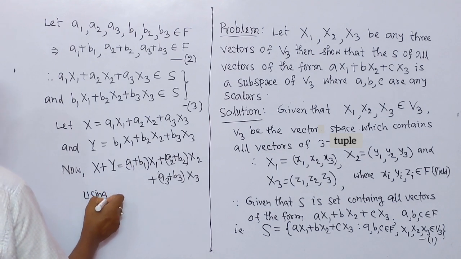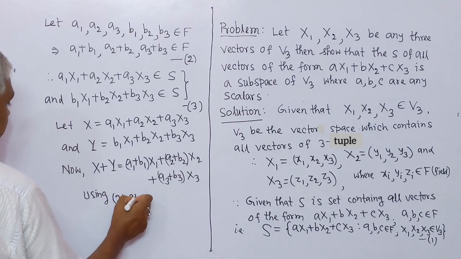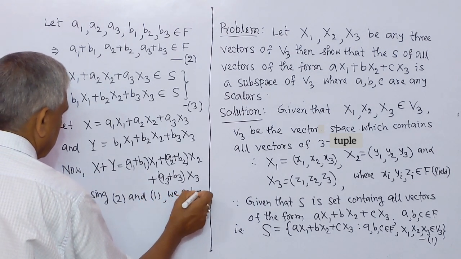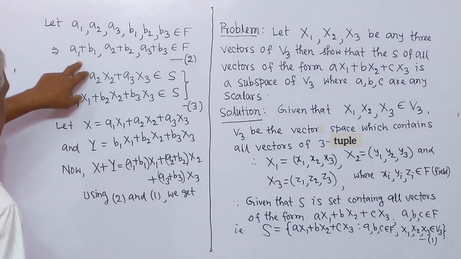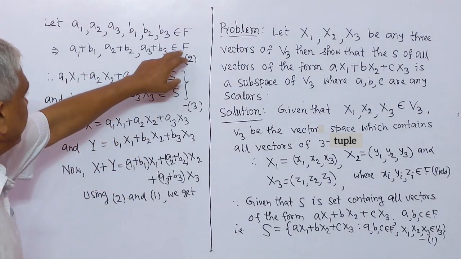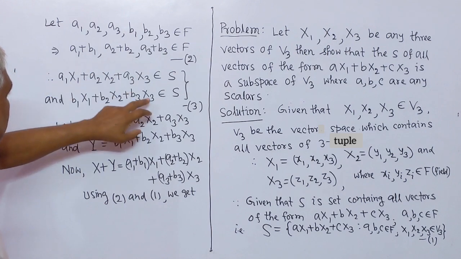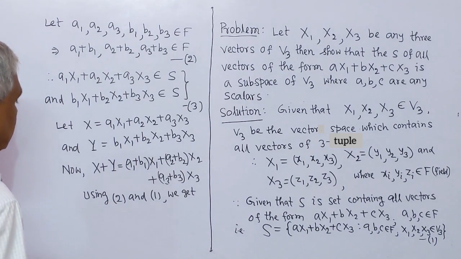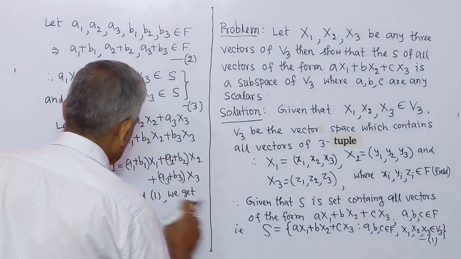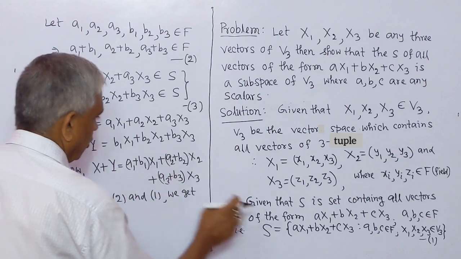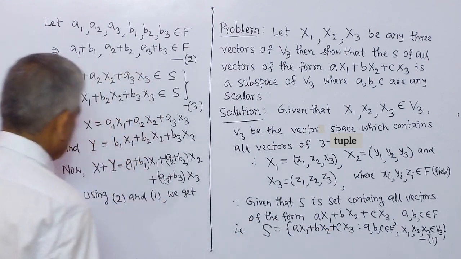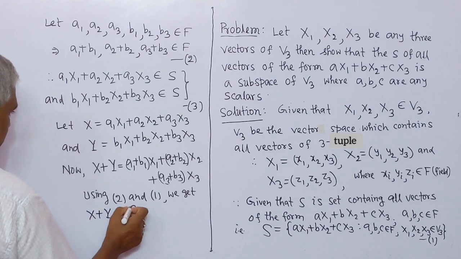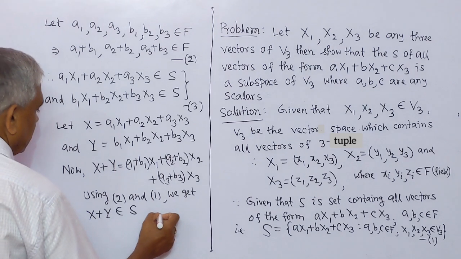Using 2 and 1 we see that A1 plus B1 belongs to F field, A2 plus B2 belongs to F, and A3 plus B3 belongs to F field, and in 1 this is of the form, so x plus y belongs to S. This is number 4.